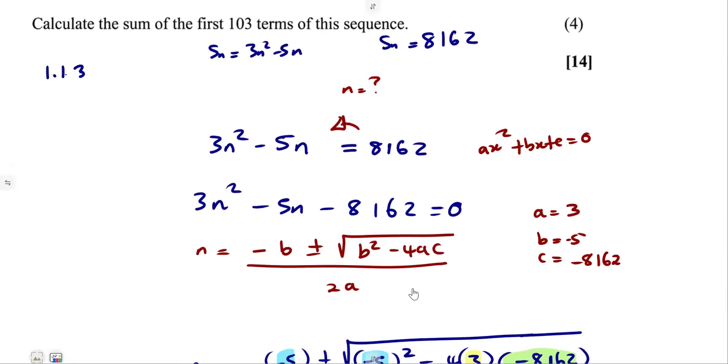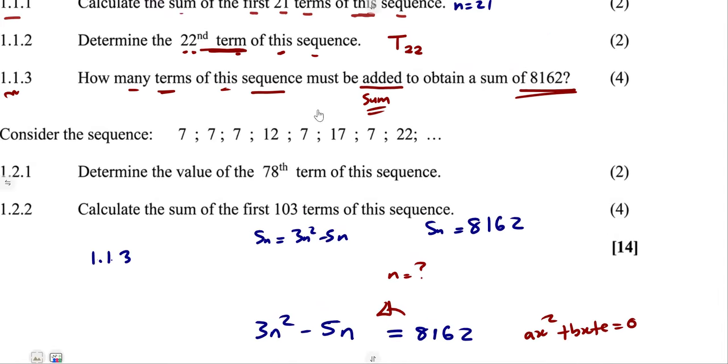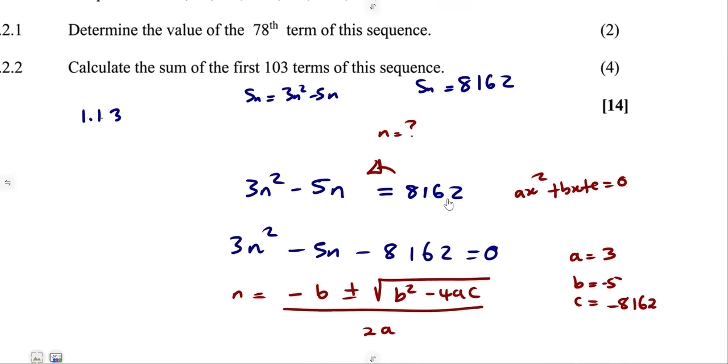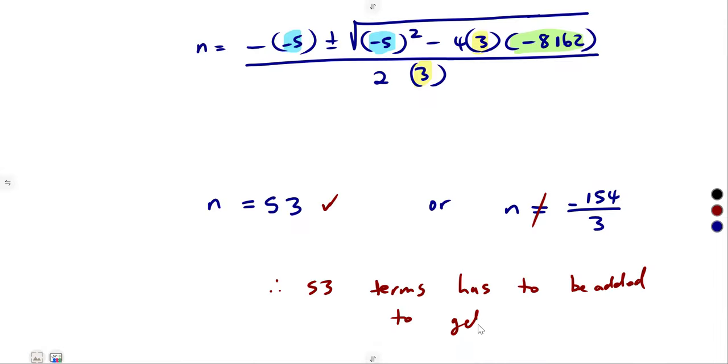They're asking us, what is the condition? How many terms of this sequence must be added to obtain this? We are talking about 53 terms that must be added. So therefore, 53 terms have to be added to obtain the number that we are given, which was 8,162.